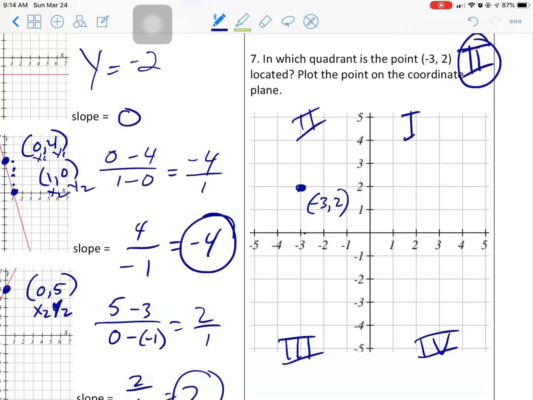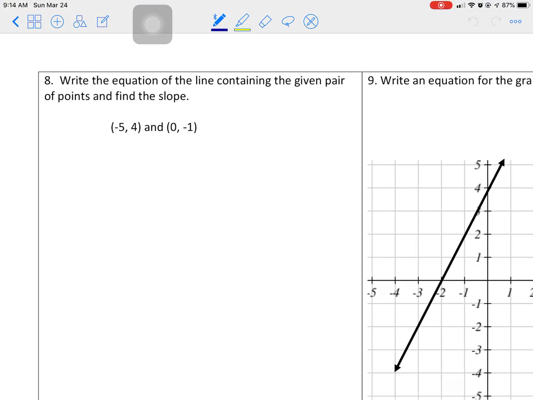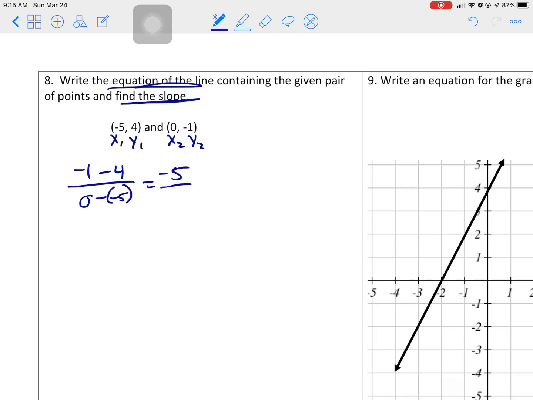Okay. Write the equation of a line containing the given pair. Find the slope. Write the equation of the line. Okay, so y2 minus y1 over x2 minus x1: -1 minus 4 over 0 minus negative 5. -5 over 5, which is -1. Let me get my key out to make sure I'm not messing this up.